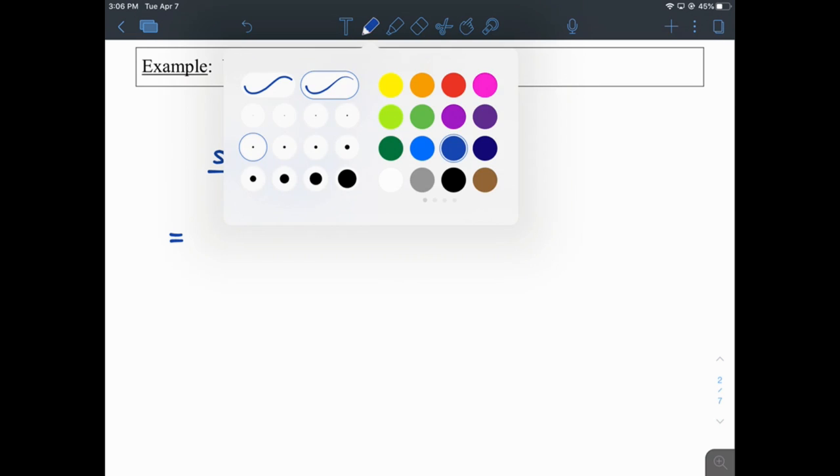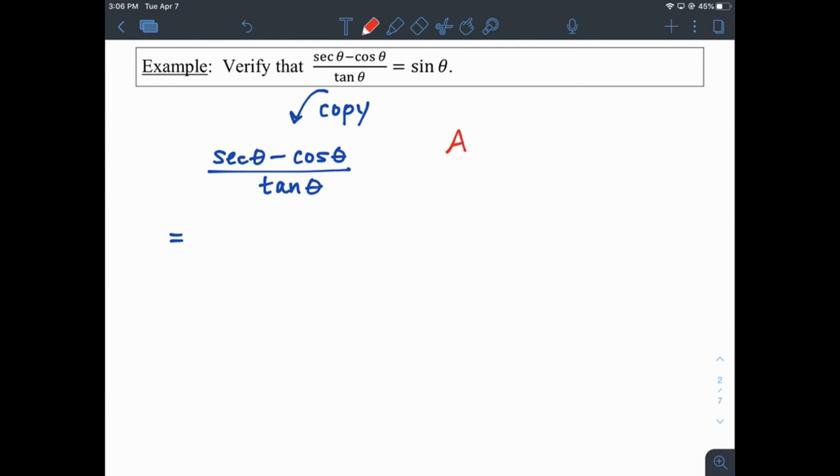But the one thing that I will allow, and I'll write it down so you can see it. Allowed: if you want to use multiple identities in sections 1 and 2, I'll let you do that. So if you're just changing everything to sine and cosine and you want to throw a couple reciprocal identities down and you want to throw a quotient identity down as well, make all of those changes all at once.